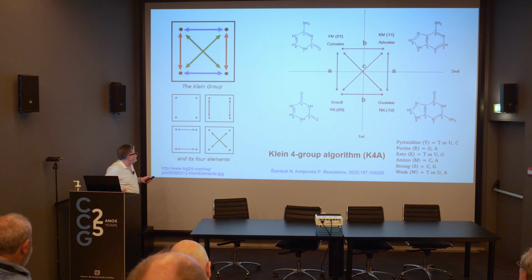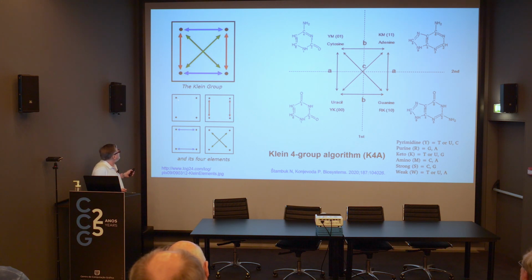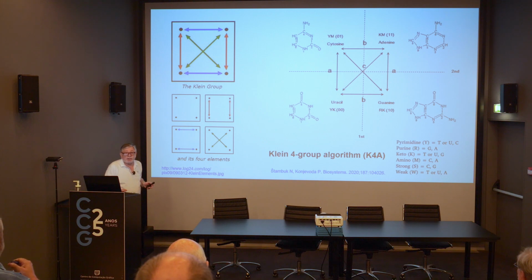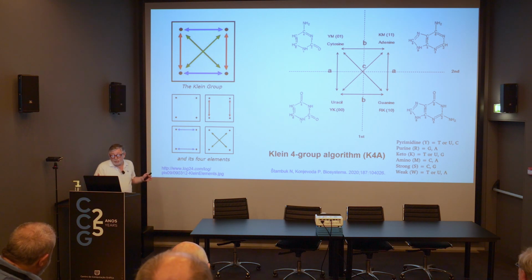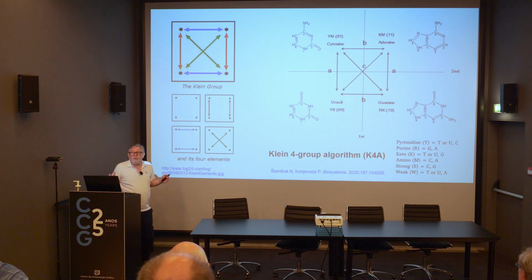And we have 4 operations. So these operators are U, and then while the system evolves, we have operations of transition, transversion, and transition-transversion. So the Klein group is basically a good model for the situation we have in the genetic code.